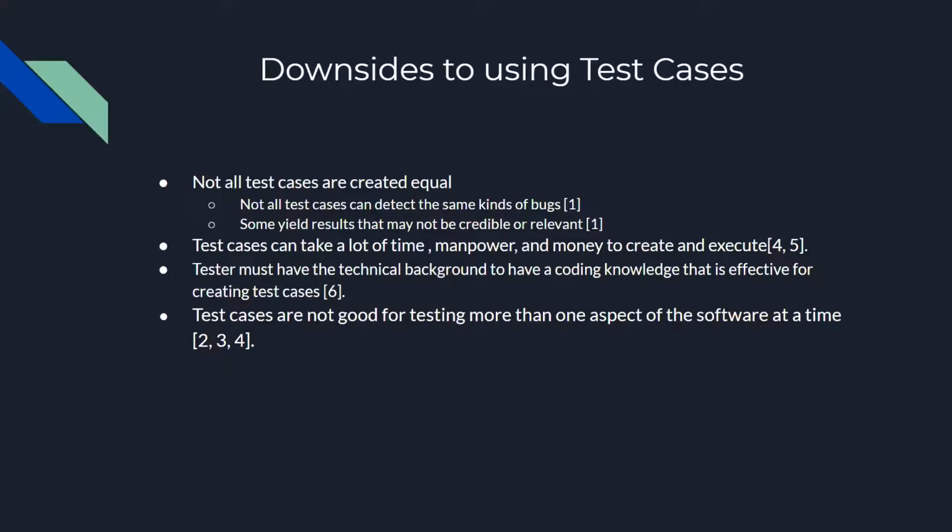Second, test cases can take a lot of time, manpower, and money to create and execute. So this means that on top of taking the time to develop and engineer and write all of the code for your software, you also have to develop and create and write code for the tests. And third, testers must have a technical background and a coding knowledge that is effective for creating the tests.